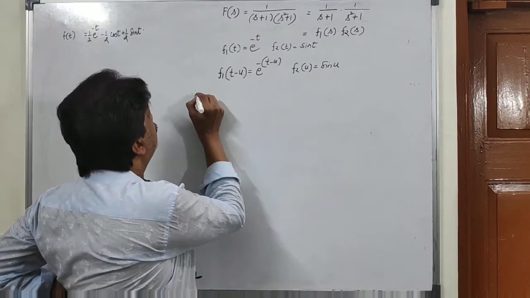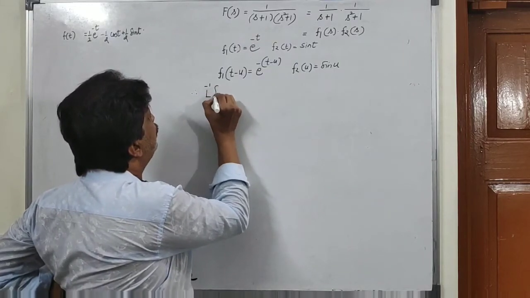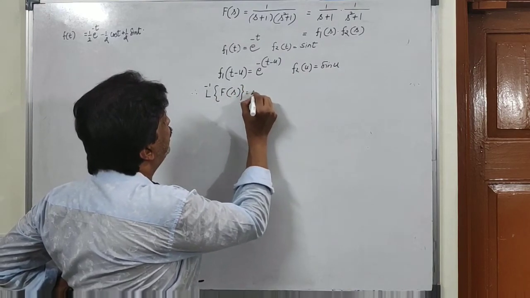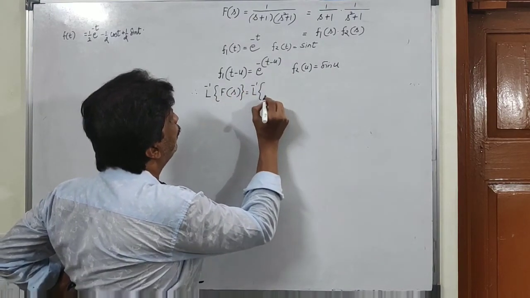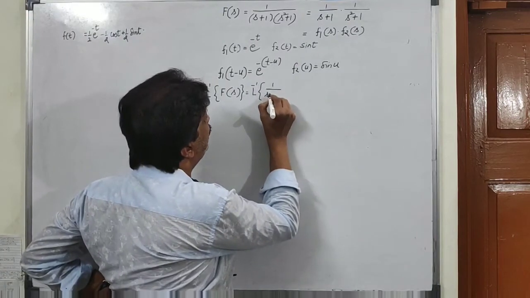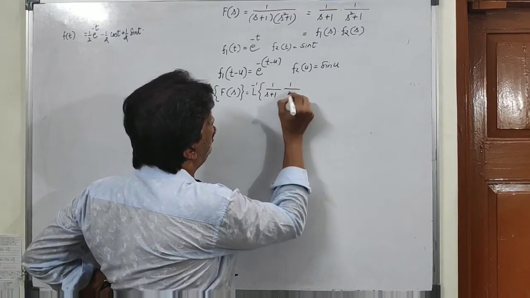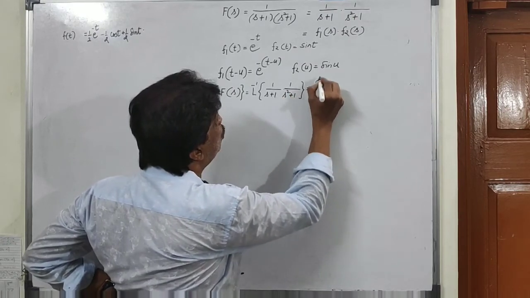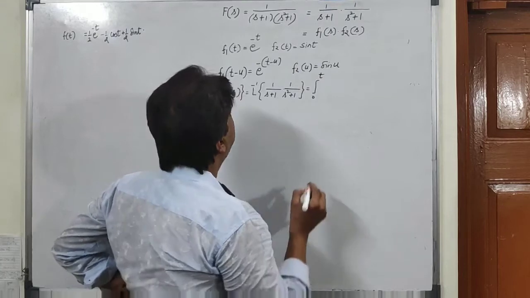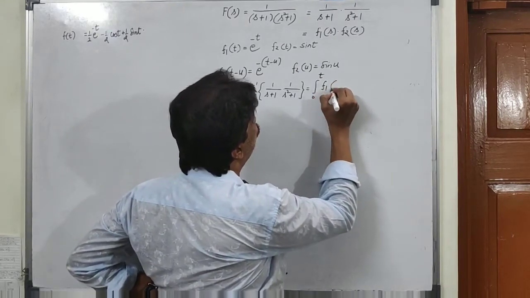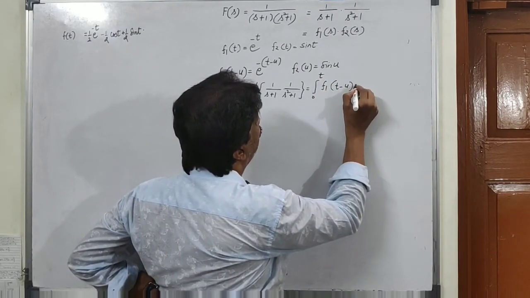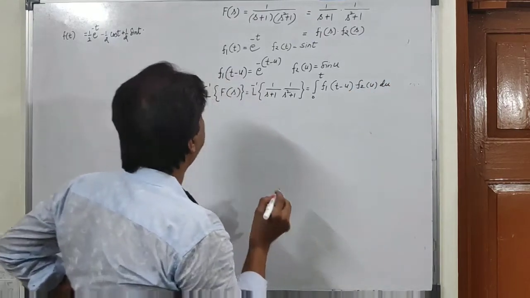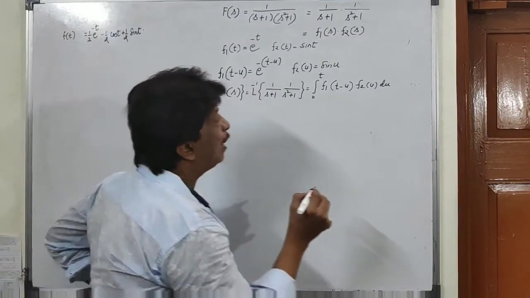Therefore, L inverse of F of s, L inverse of 1 upon s plus 1 into 1 upon s square plus 1, is equal to integral 0 to t F1 of t minus u into F2 of u. So that is equal to, this is by the convolution theorem.